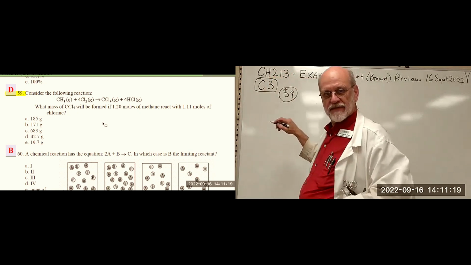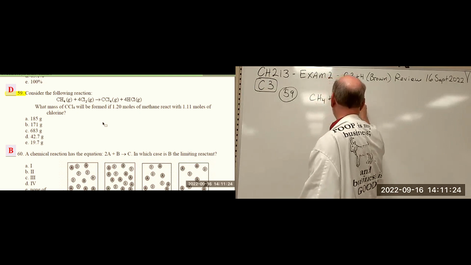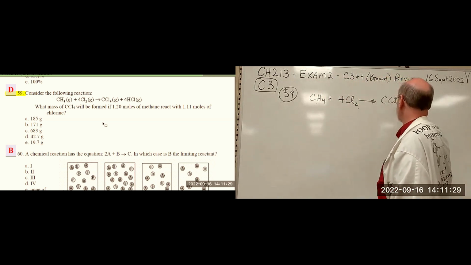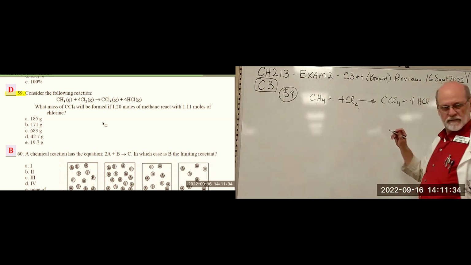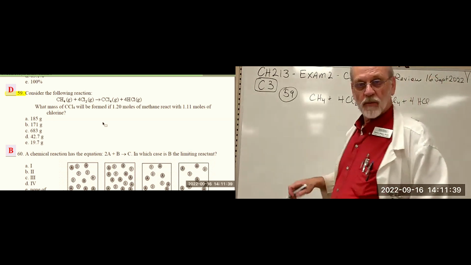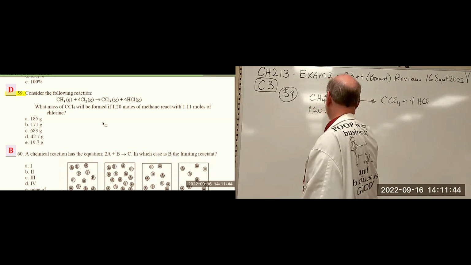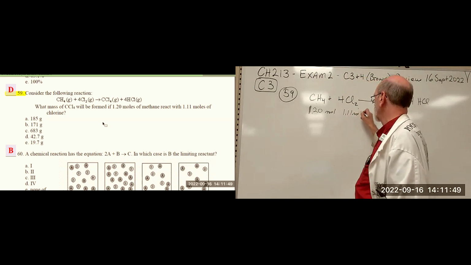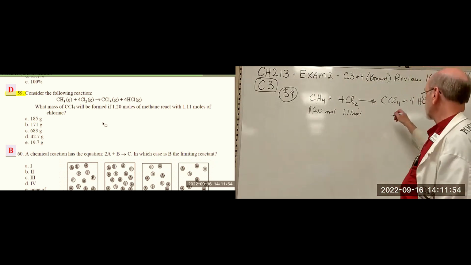All right, so we have methane, chlorine, and yields carbon tetrachloride plus HCl, and it's a gas. You're given 1.20 moles of methane and 1.11 moles of chlorine. What mass of this do you end up with?